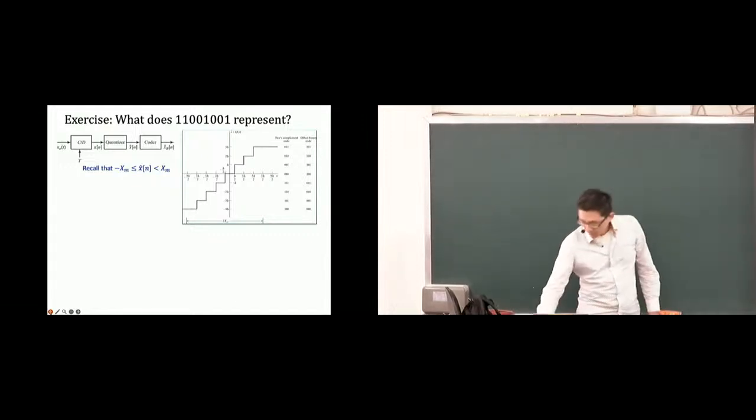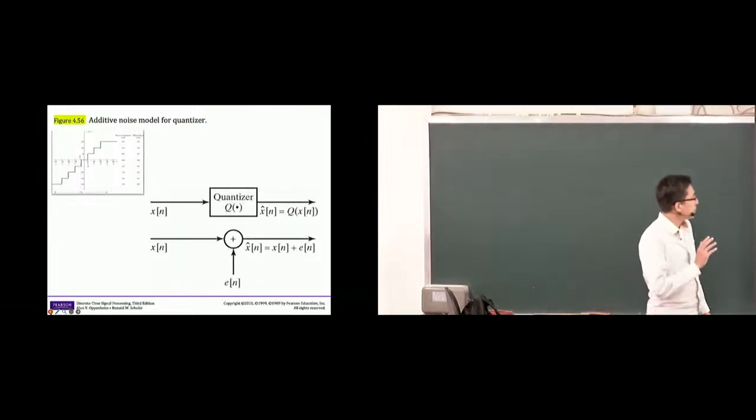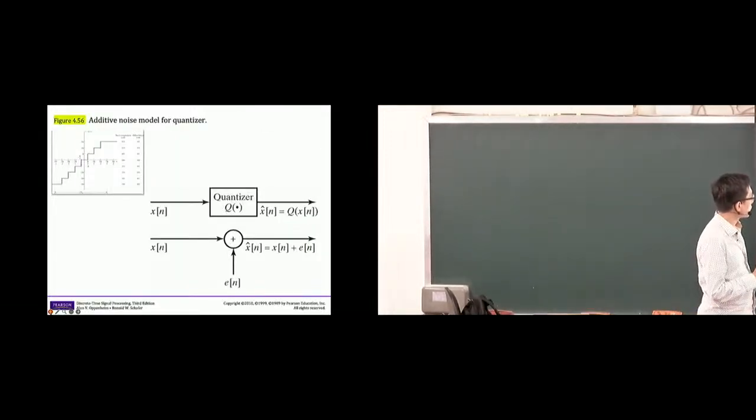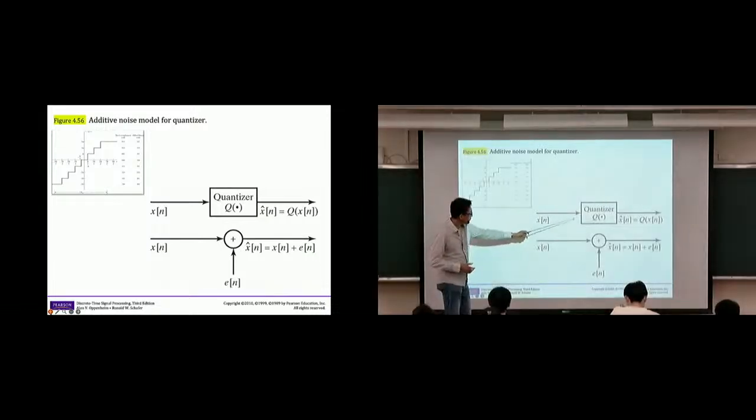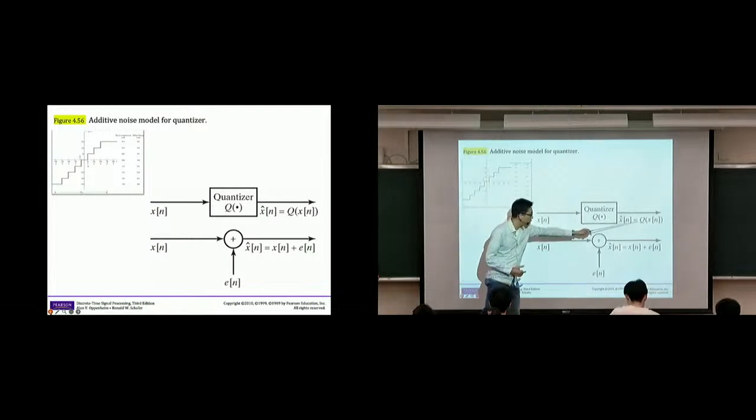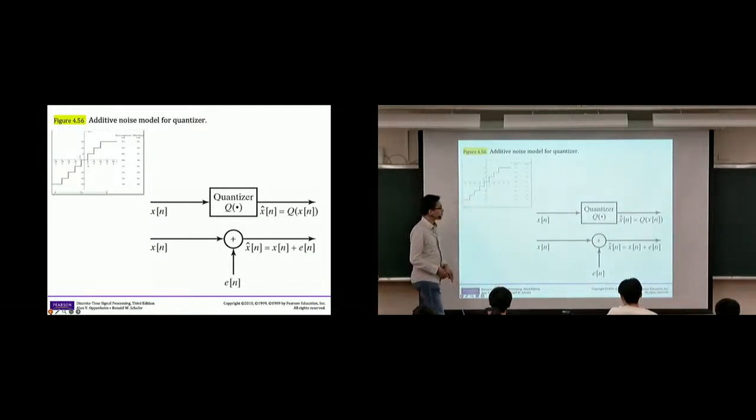So let's skip this slide. Last time near the end, I emphasized that this is an important concept. The quantizer is a function: there will be input, and there will be output, denoted as q of input. But it is more convenient to model this system as if we are introducing an approximation error.